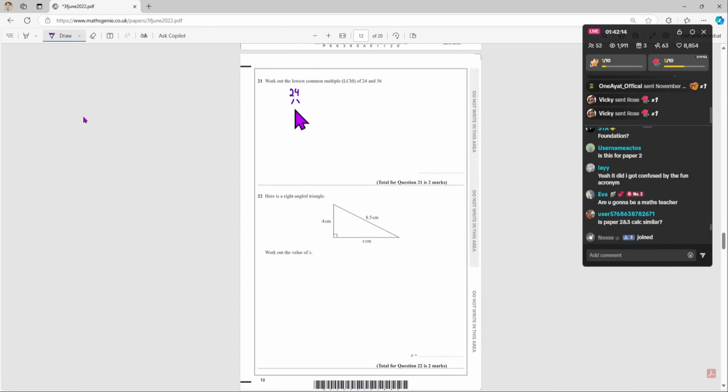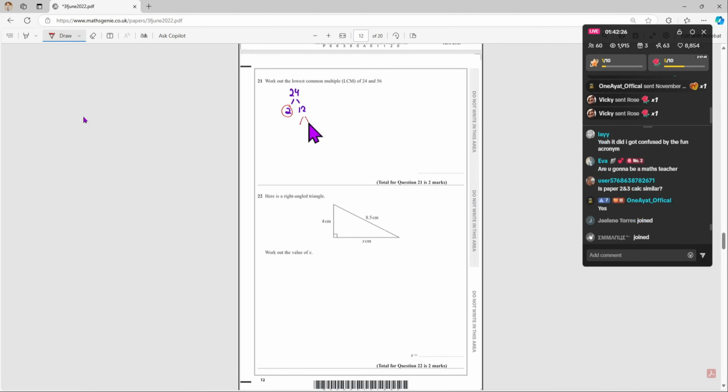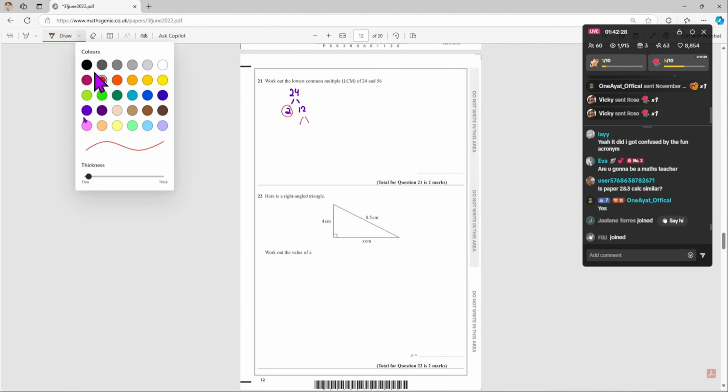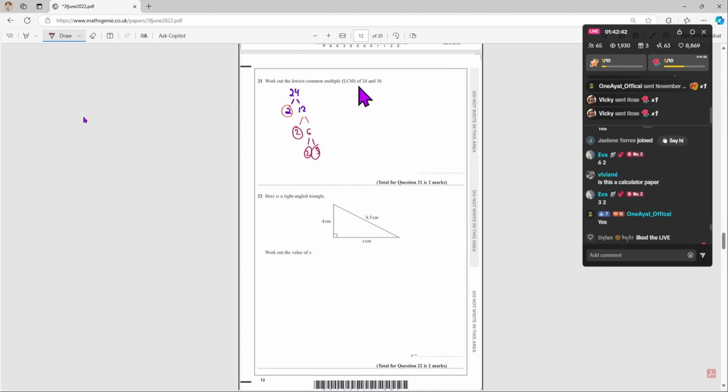The two numbers that multiply to 24 are 2 and 12, first of all. 2 is a prime number, so we can circle it. Then we can break 12 down further to 2 and 6. Circle that, and then we have 2 and 3. Circle these two. These are our prime factors done.